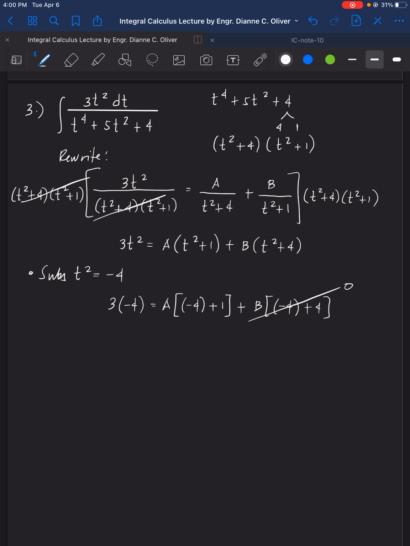So this is already 0. Then here we have negative 12 is equal to negative 3A. Therefore, A is equal to 4.